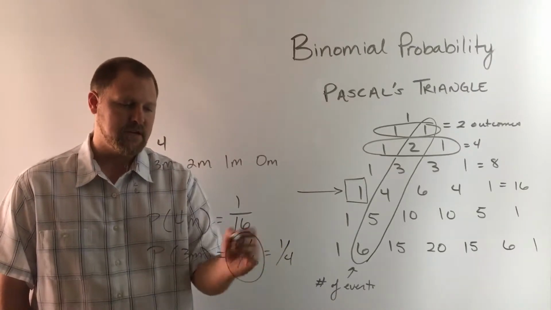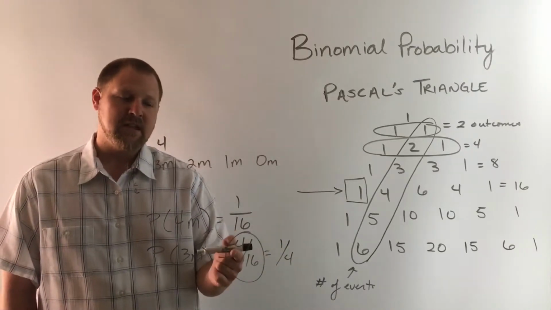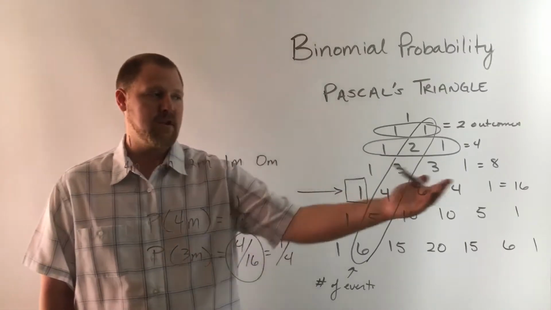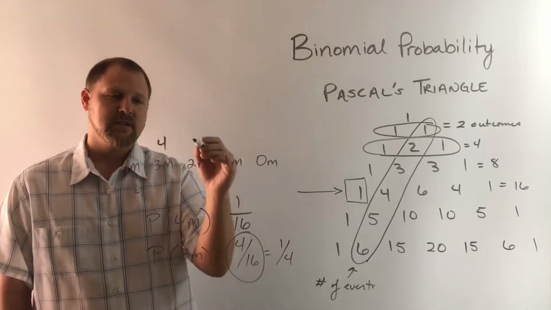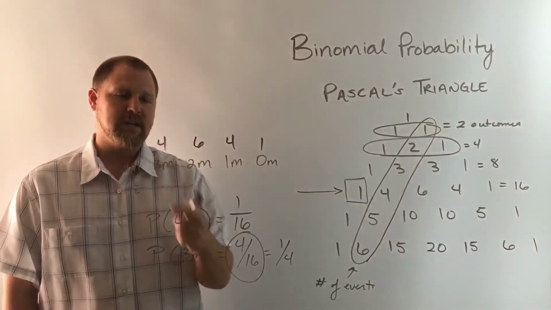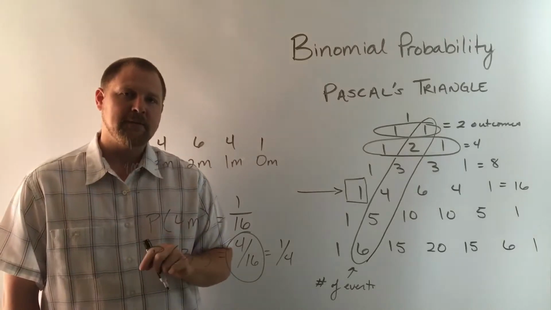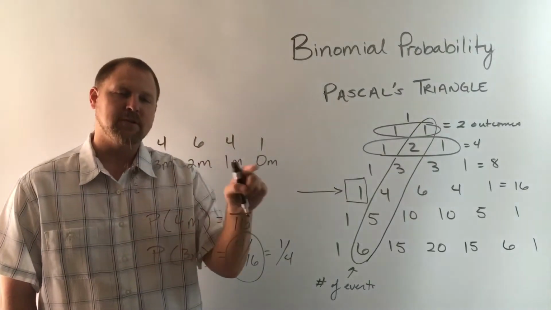But notice this right here is the answer to this probability question before it's simplified, and it comes straight from Pascal's Triangle. 1, 4, 6, 4, 1. Each one of these represents the numerator for each probability of the 4 different shots you take.